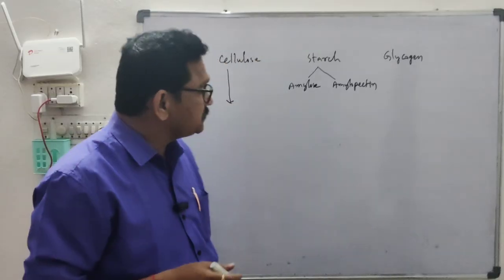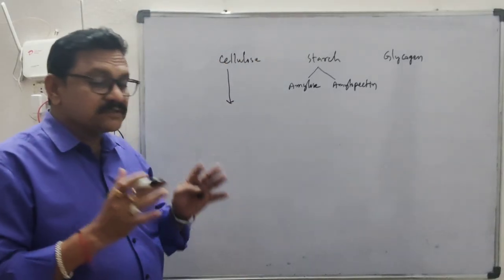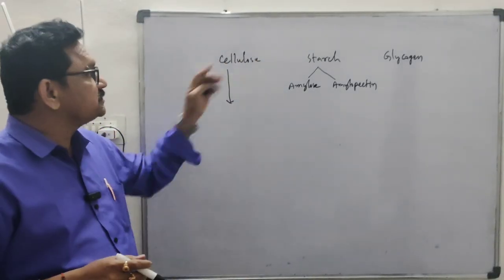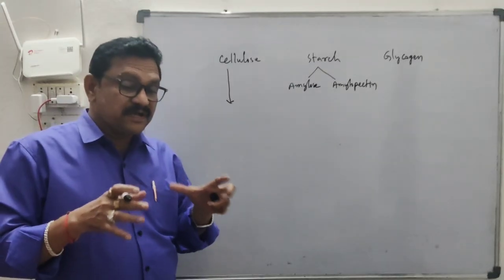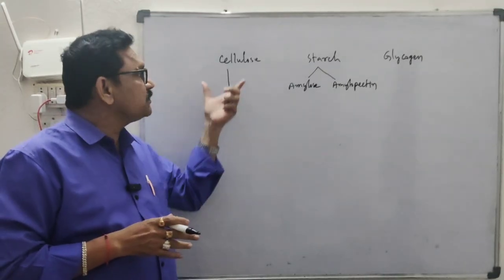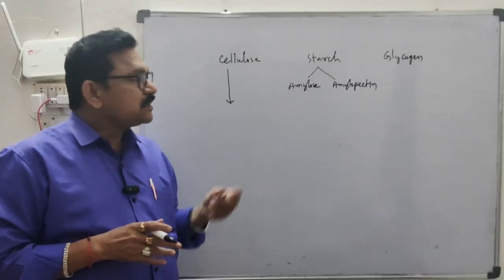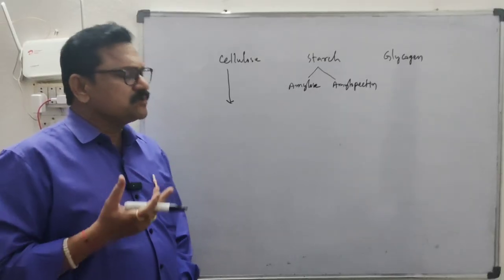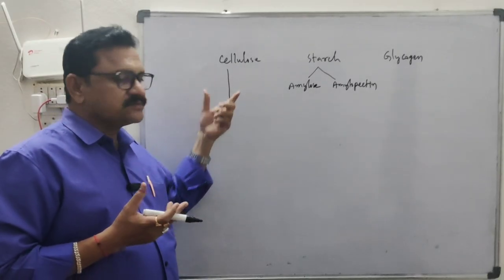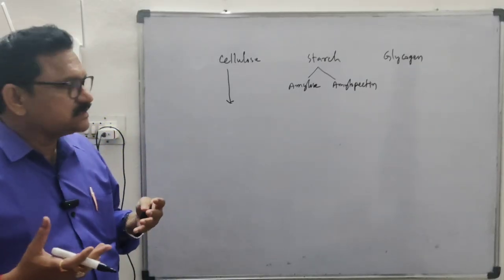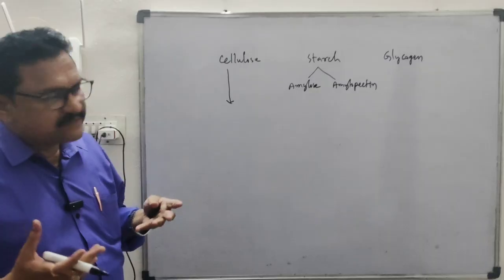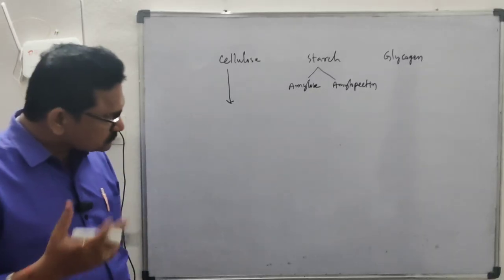That means it is a composition of nearly 50,000 monomer glucose units. Mainly it is present in the plant kingdom. Cellulose is found mostly in plants, and we have many uses of cellulose. By using cellulose we can synthesize cotton and paper. In the textile industry, we manufacture paper with cellulose.